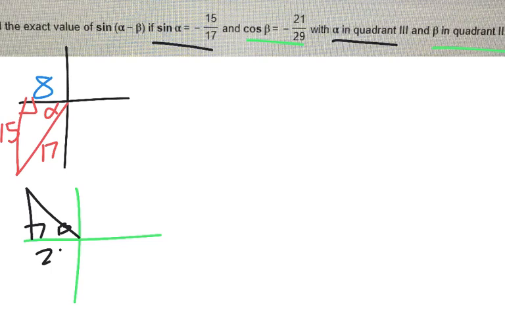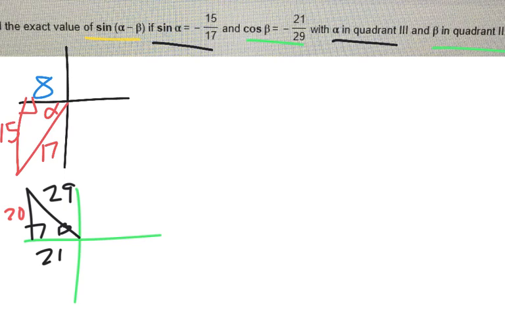Cosine is the adjacent, which is 21, over the hypotenuse, which is 29. So again, you could do the Pythagorean theorem to find the missing side, or this is another Pythagorean triple. This is a 20, 21, 29 Pythagorean triple. And so now I've got both of those triangles set up.